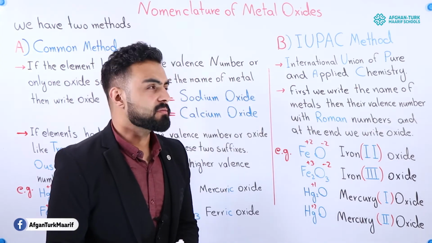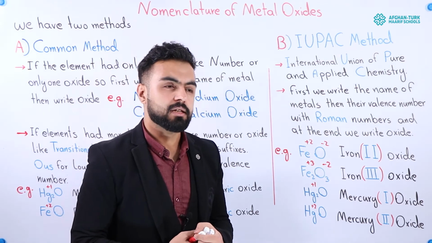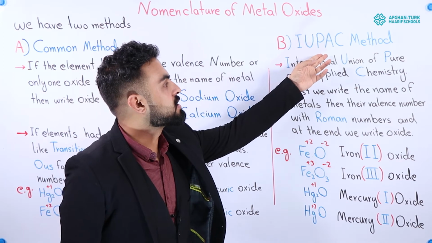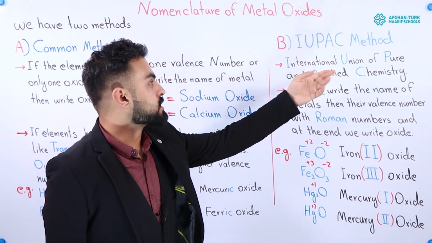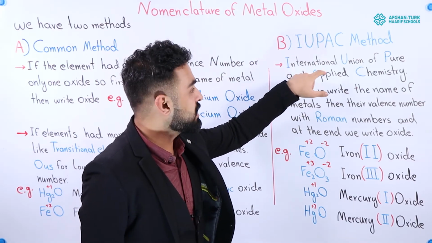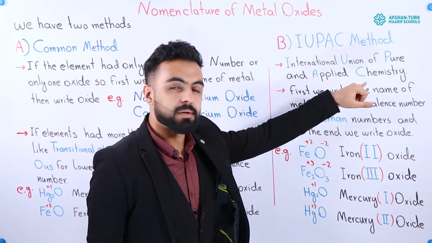And there is another method which is accepted worldwide, and it is called the IUPAC method. So what does IUPAC stand for? It comes from International Union of Pure and Applied Chemistry.